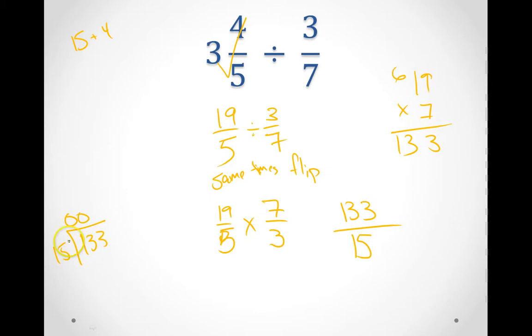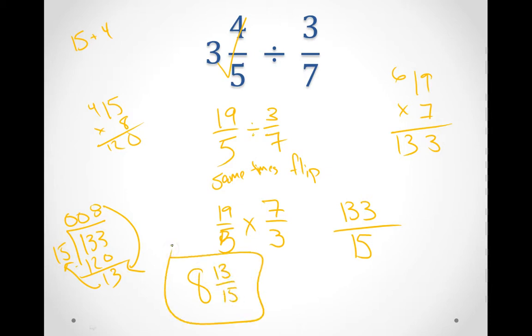Let's try 8. 15 times 8 would be 120. That looks right. That gives me 13 as a remainder. Remember to create a mixed number. That gives me 8 and 13/15. So create that improper fraction first, then use same times flip.